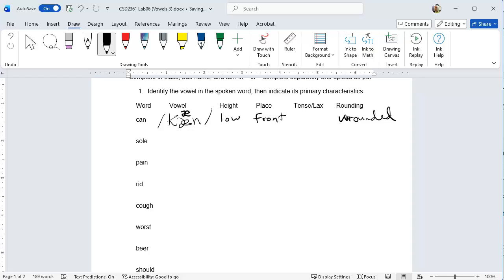The tougher bit is tense or lax, because there isn't really a great way to lay it out on the chart or make too much of a rule for it. Actually, I'm lying. I do have kind of a rule for it. The kind of rule for tense lax is: can you have just a consonant-vowel word with no following consonant or not?